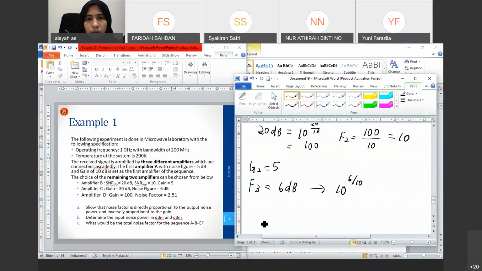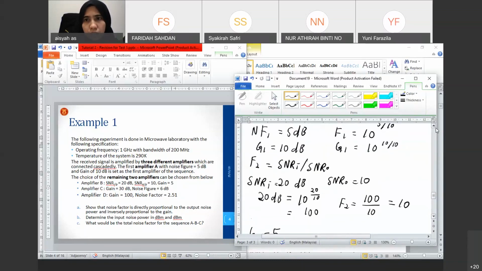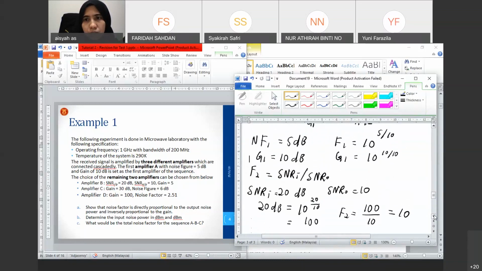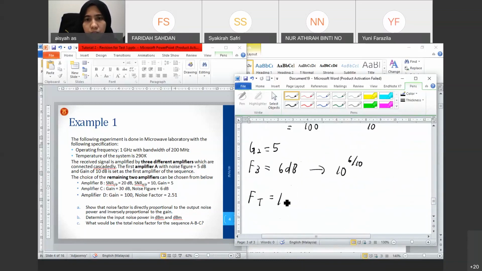Okay. So the F total equals F1. F1 is 10 power of 5, this one is 10.